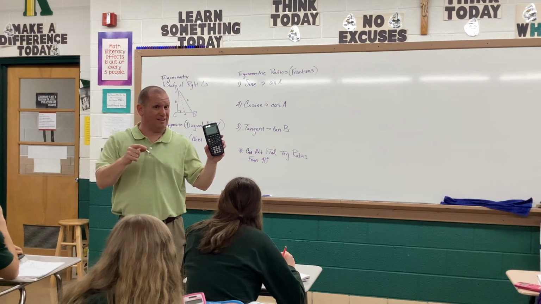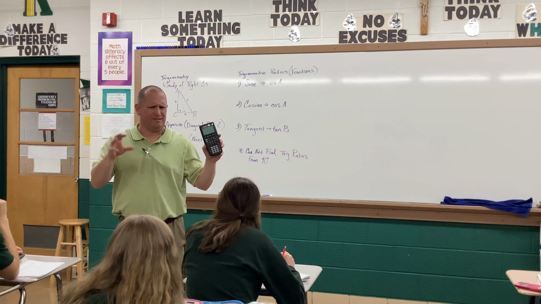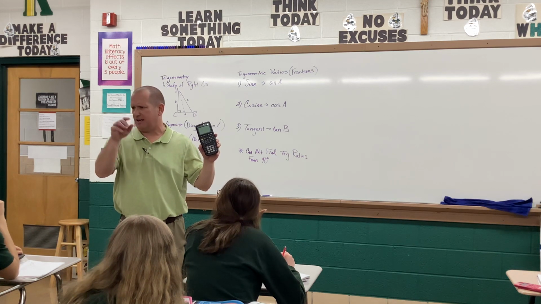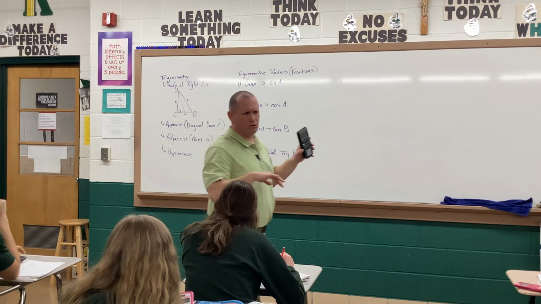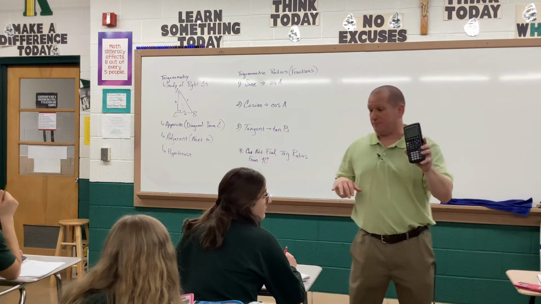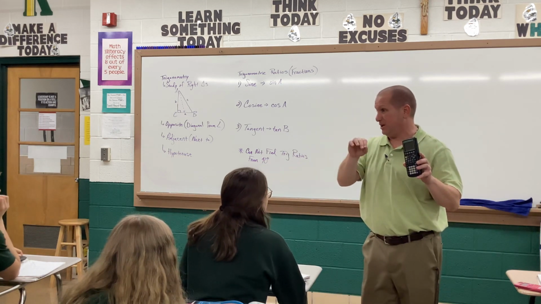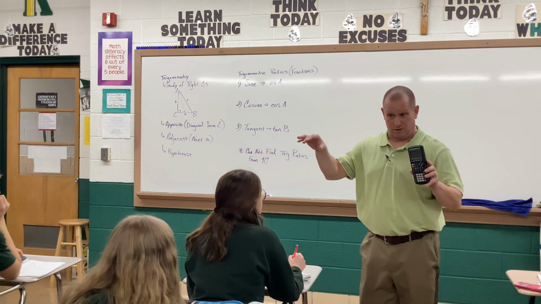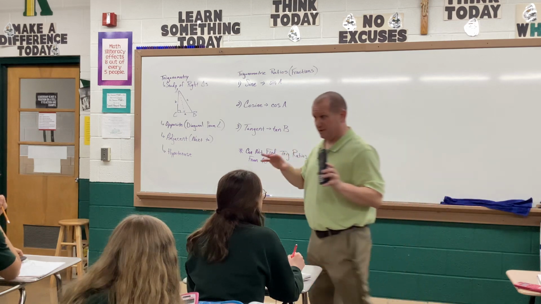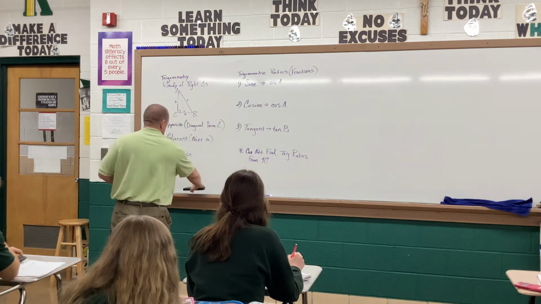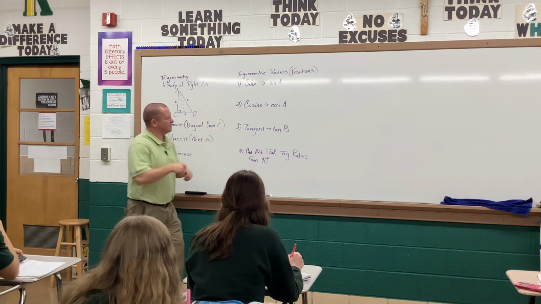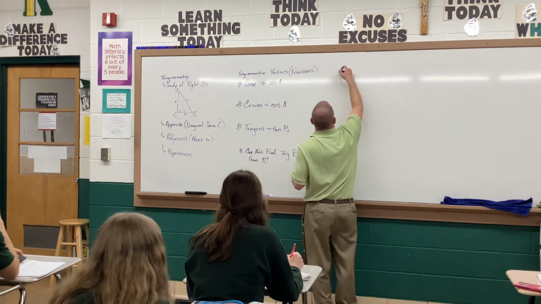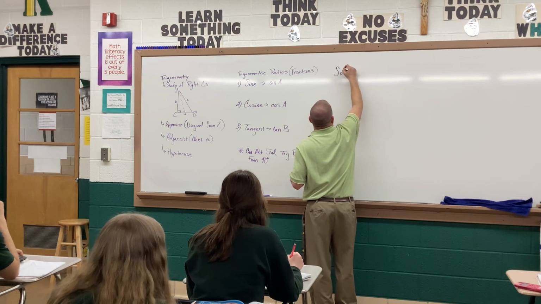On your phone, a lot of times, you can hit sine and then a parenthesis comes up. But sometimes you put in the fraction first and then hit the button. So you just got to know how yours works. We'll get into more of that in just a second. So, our trigonometric ratios are our three things. And how do we remember them? Is our word, right?